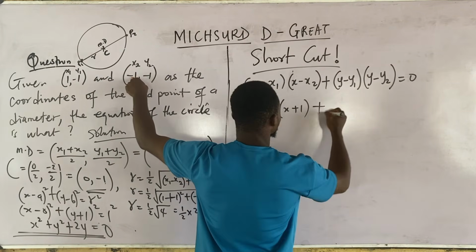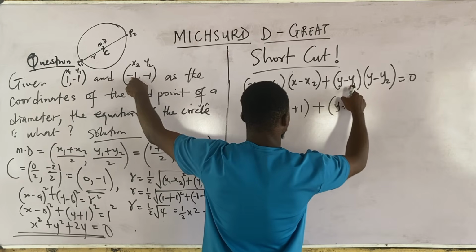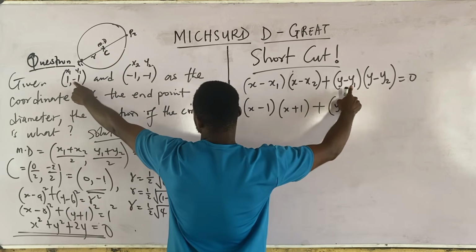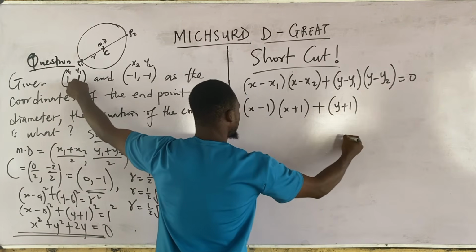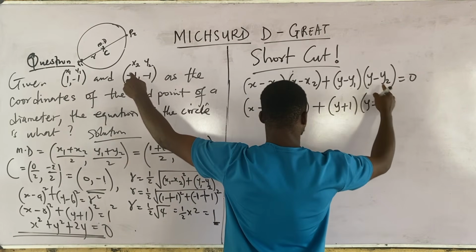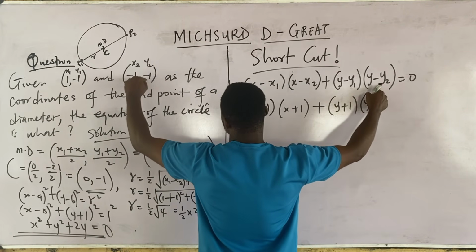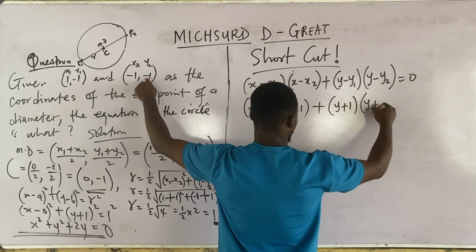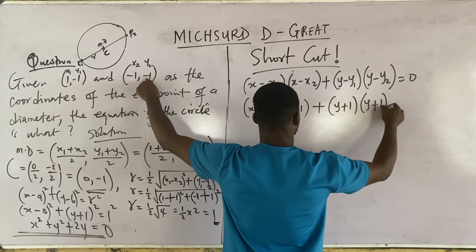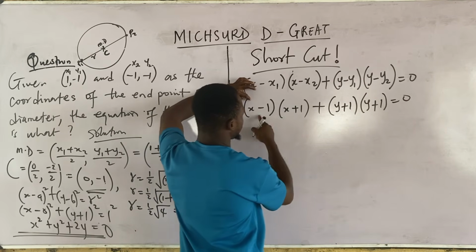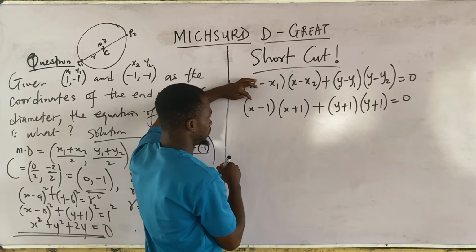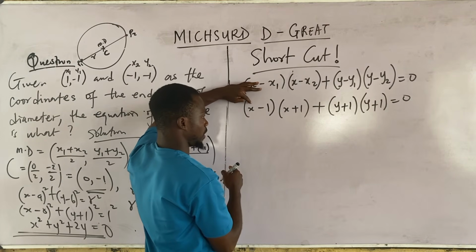Then plus y minus y1. Our y1 is minus 1, which will make here be plus 1. And we have y minus y2. Our y2 is minus 1, which will make here be plus 1, equal to 0. So if we do this, this will give us the difference of two squares.